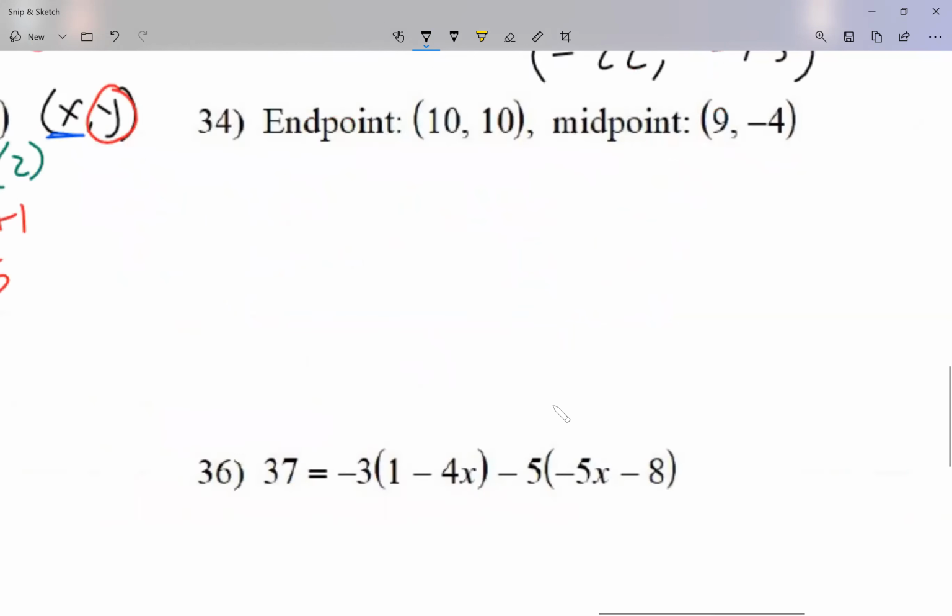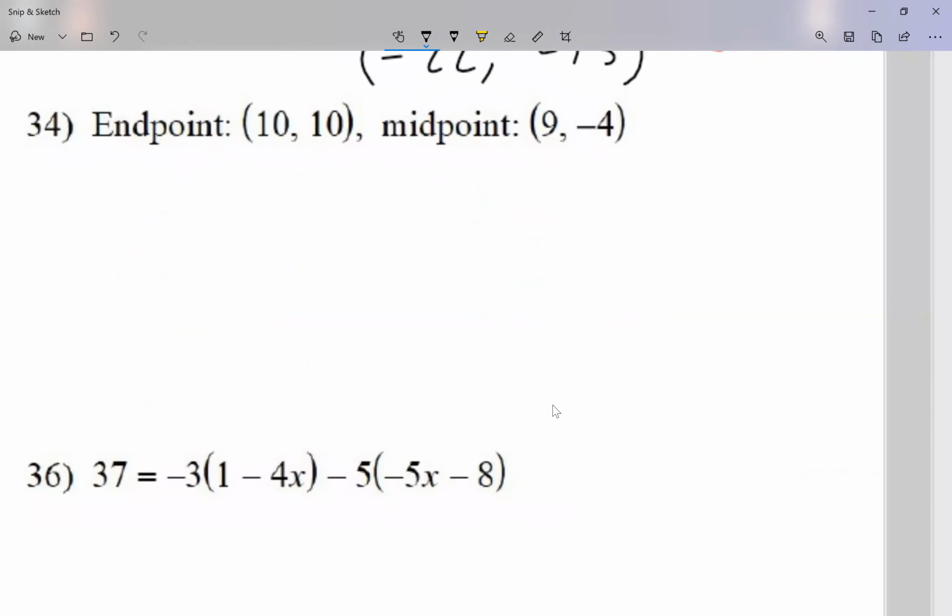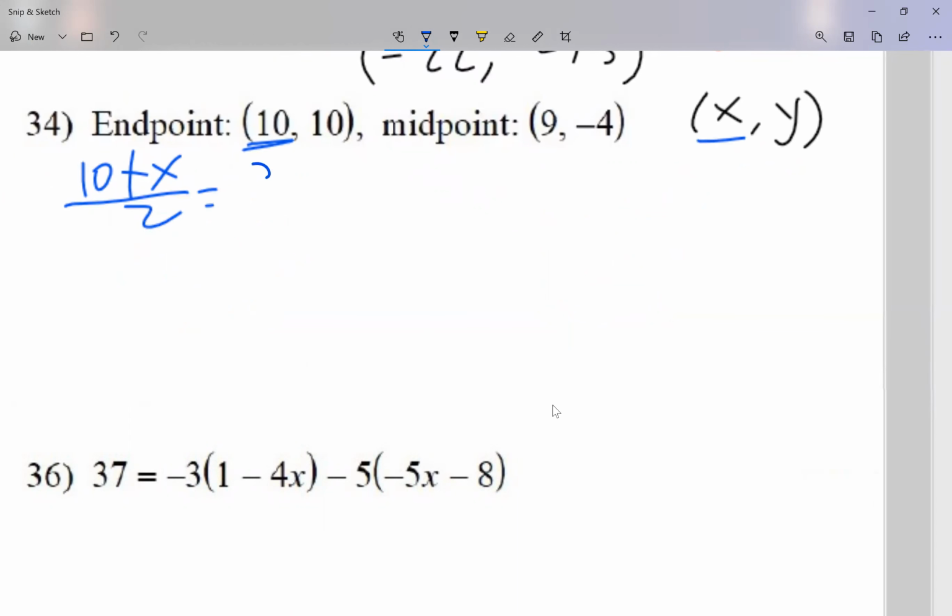All right, let's take a look at our last example for our notes. My other endpoint, the one I'm looking for, I don't know it. So let me call it x and y for now. For my x value, I'm looking at the x's. 10 plus x divided by 2 equals 9, right? The x value of the midpoint.